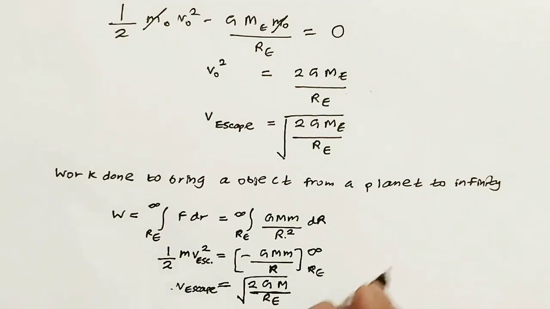So in both calculations, the escape velocity we obtained was the square root of 2 times G times M divided by R_E. As we can see, the mass of the object does not come into consideration. So this is about escape velocity.